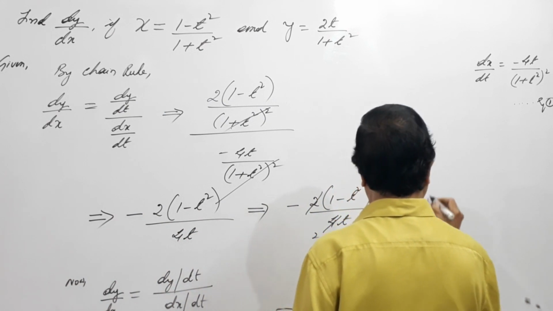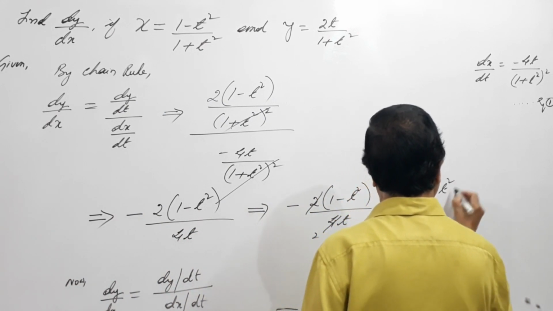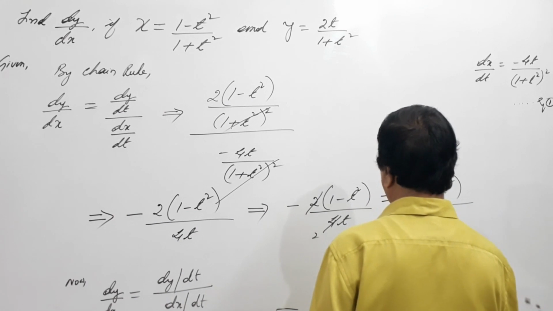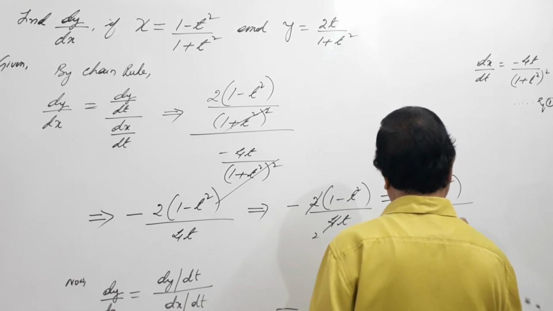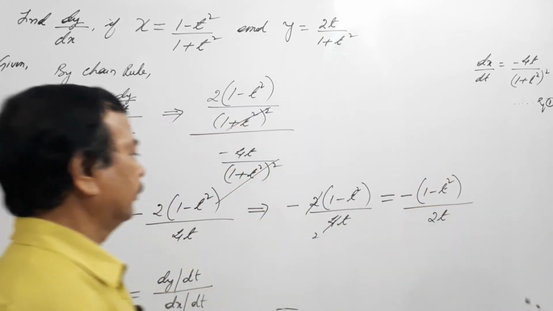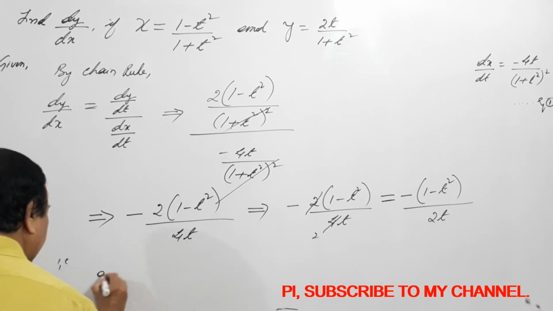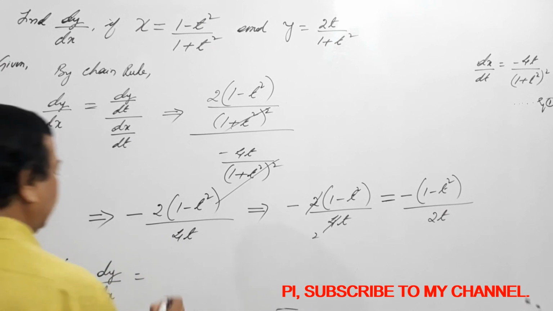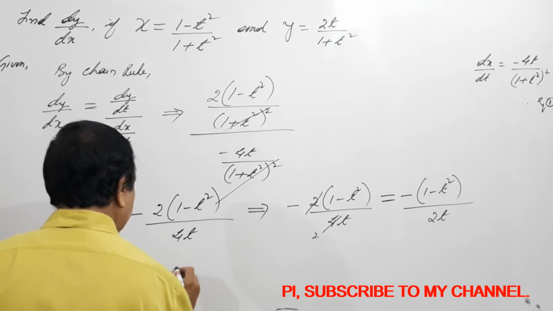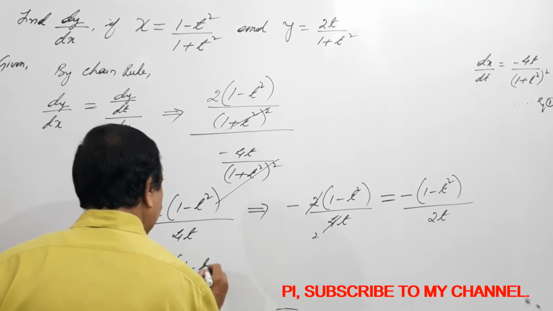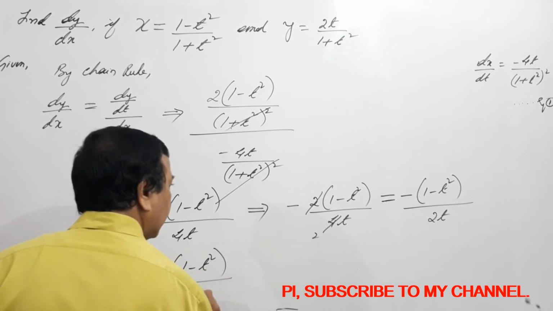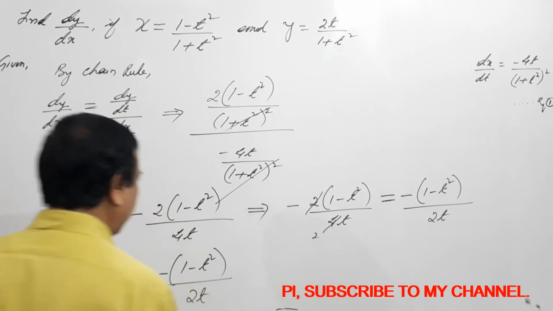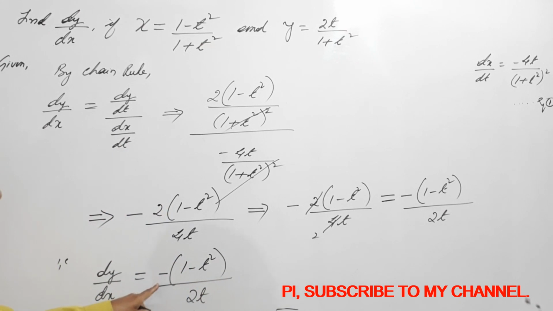Minus (1 minus t square) by 2t. That is dy by dx equals minus (1 minus t square) by 2t. So I want to avoid this minus value.